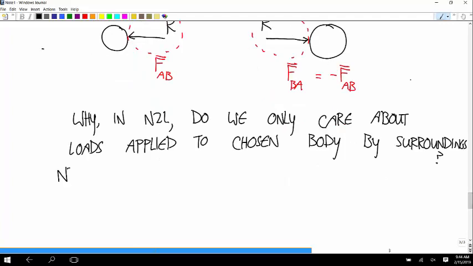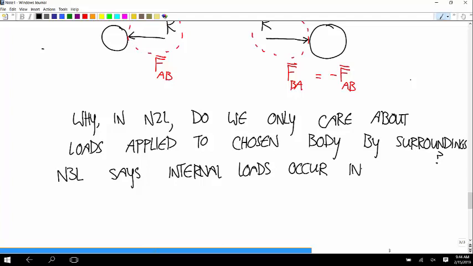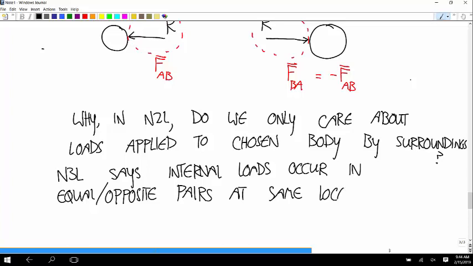So Newton's third law says that internal loads occur in equal and opposite pairs at the same location, and so they cancel out.